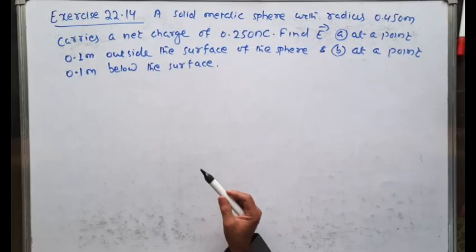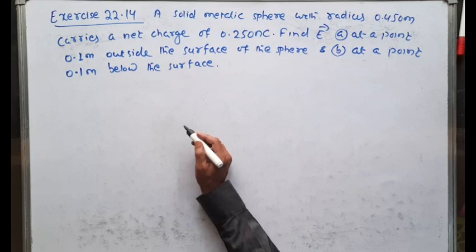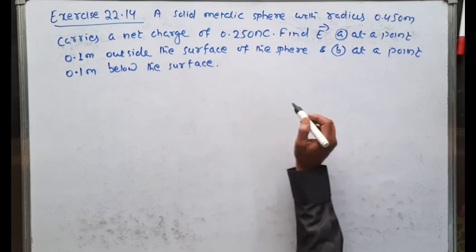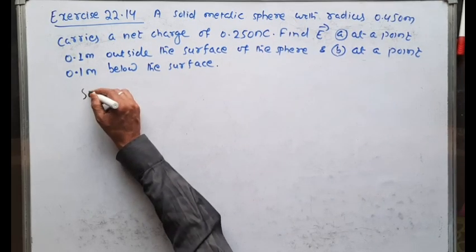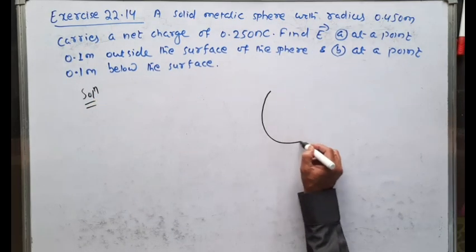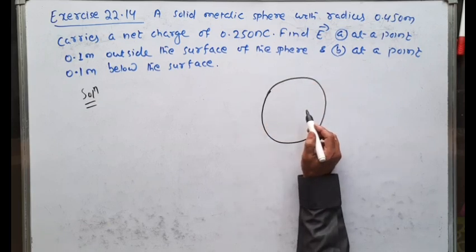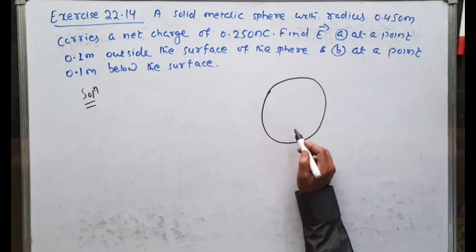Now we will solve exercise 22.14. The question is a solid metallic sphere. This is a solid metallic sphere. Only sphere means it is understood that it is a solid sphere.